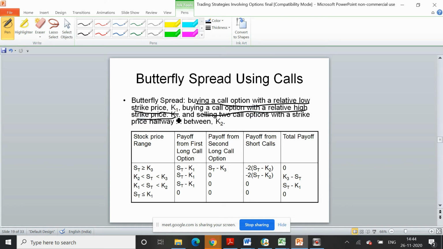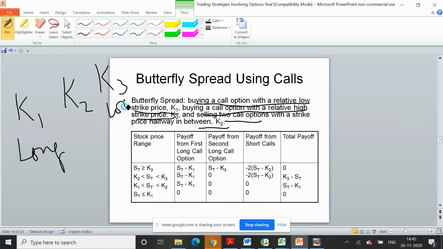And then sell two call options with a strike price K2, which is halfway between K1 and K3. So there are three strike prices. So you have a long position in K1, a long position in K3, and sell two short calls at K2.